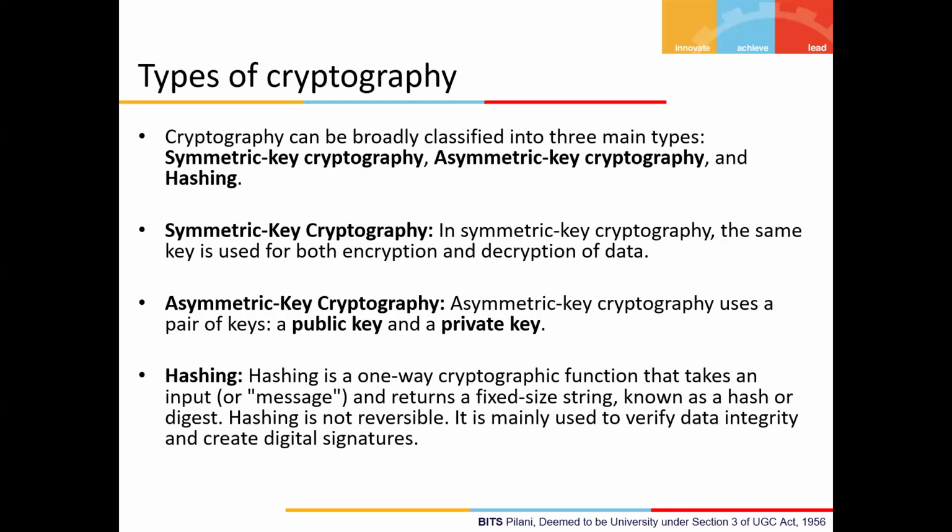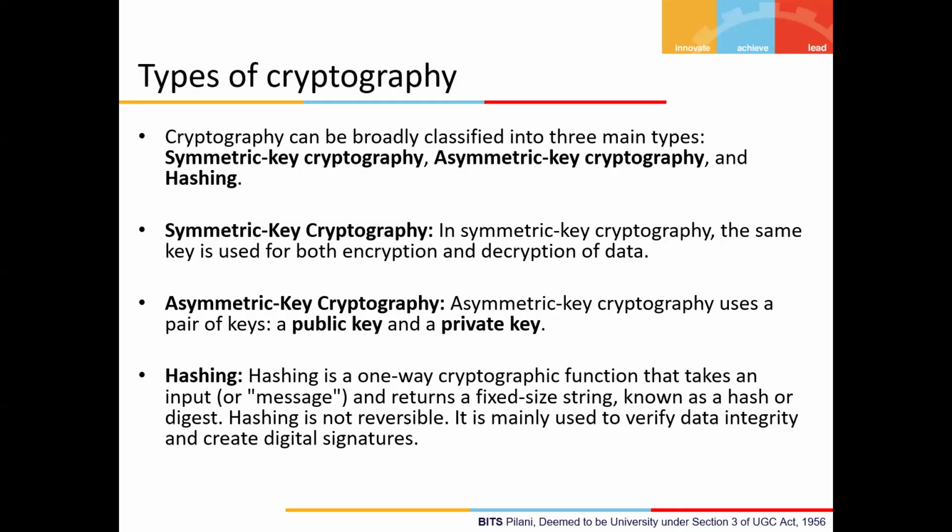So AES has two parts. One is the encryption algorithm, and the second one is the decryption algorithm, right? The main point in symmetric cryptography is that we use the same key to encrypt the data and to decrypt the data. Okay. So the next is asymmetric key cryptography.